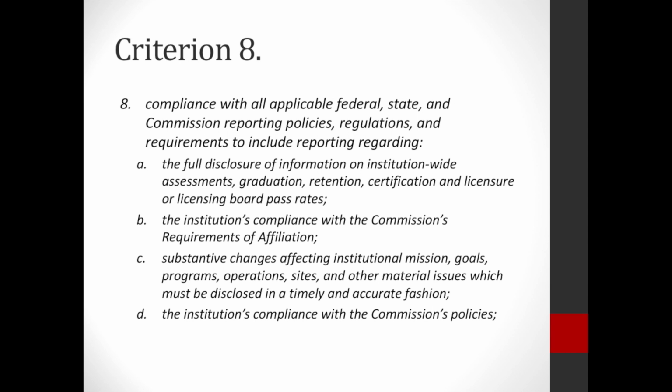While some of this information on graduation, retention, certification and licensure or licensing board pass rates, and requirements of affiliation 1 through 7 and 14 will be covered or partially covered by the institution's report on compliance with accreditation relevant federal regulations, the institution has an obligation to show continued compliance with other commission policies, such as substantive change, credit hour, and transfer prior learning and articulation, through their relationship with the Commission and planning operations. These and other policies can be found on the Commission's website.